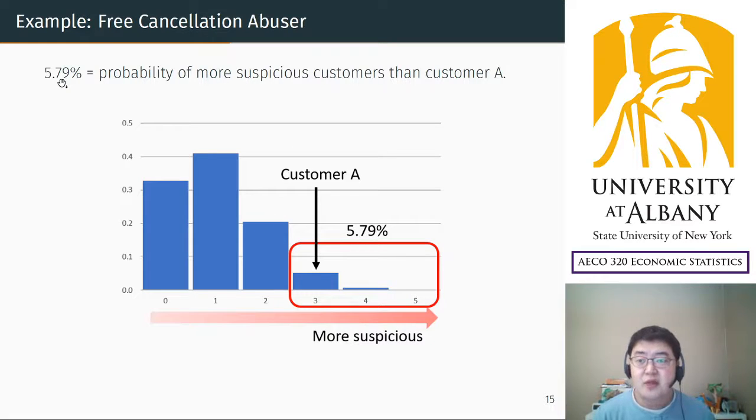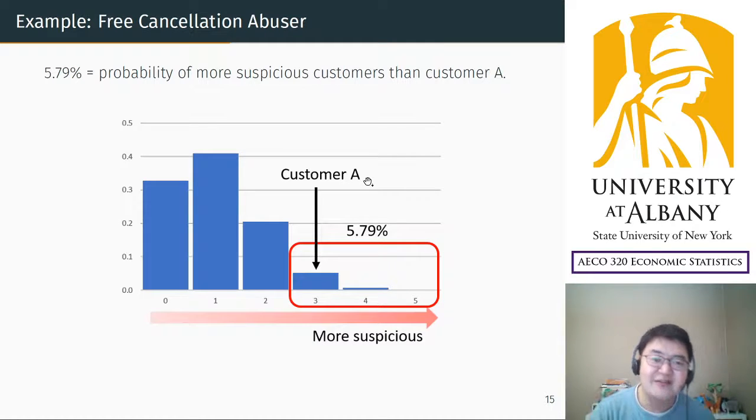So you may define this probability as the probability of more suspicious customers than customer A. Customer A canceled 3 reservations out of 5, and then you may calculate the probability for 3 or more cancellations. That means at least 5.79% of customers are more suspicious or at least equally suspicious as customer A.